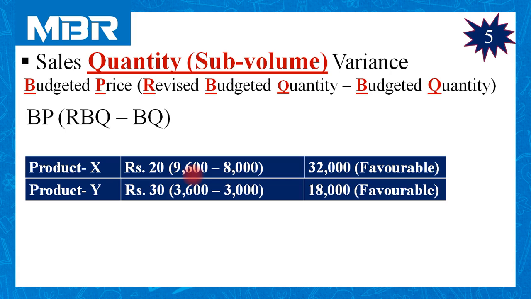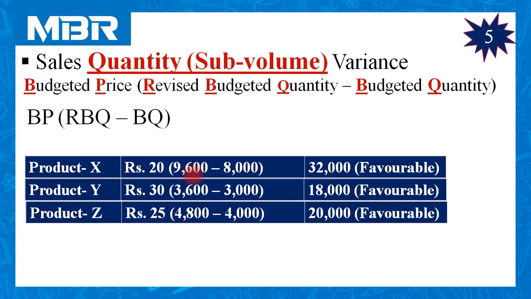For product Y, the same kind of calculation is applicable. Revised budgeted quantity 3,600 units, while budgeted quantity is 3,000 units only. So with the difference of 600 units at the rate of rupees 30, we have found a total variance of rupees 18,000 favorable.